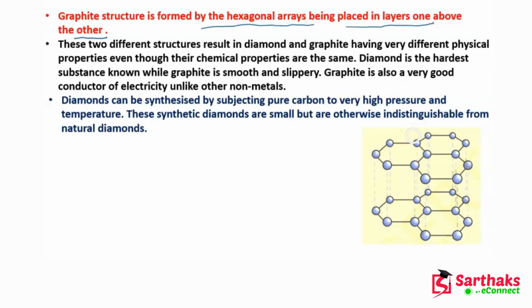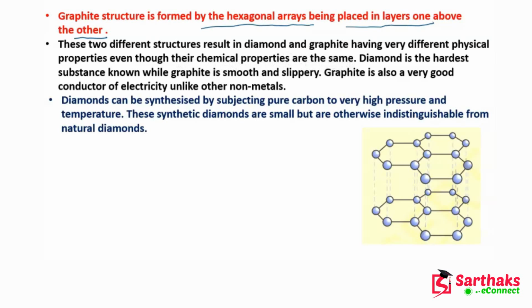Now these hexagonal arrays are placed one above the other, as you can see in this diagram. These two different structures result in diamond and graphite having very different physical properties, even though their chemical properties are the same.